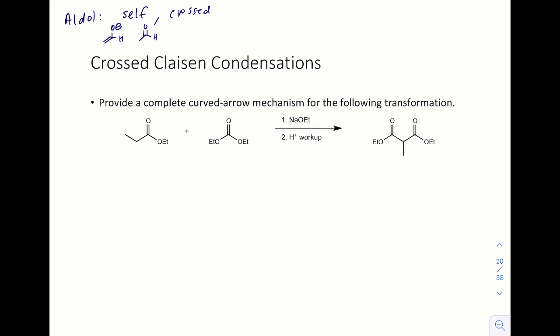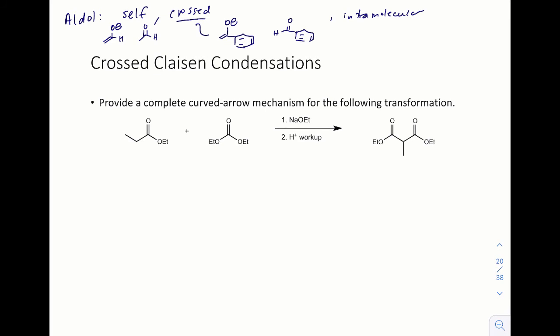The cross aldol is when the enolate and the electrophile, the neutral compound, come from different molecules. So we saw using, say, acetophenone, a ketone enolate, with an aldehyde, such as benzaldehyde. And then we had an intramolecular variant for the aldol as well. And we'll see that with the Claisen in just a moment.